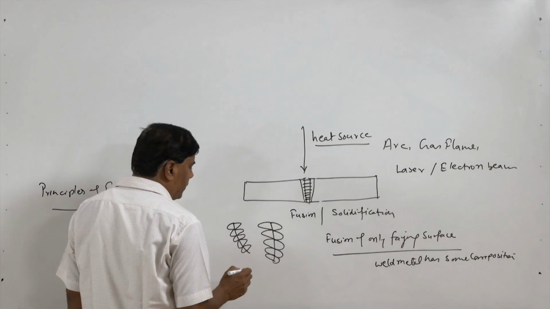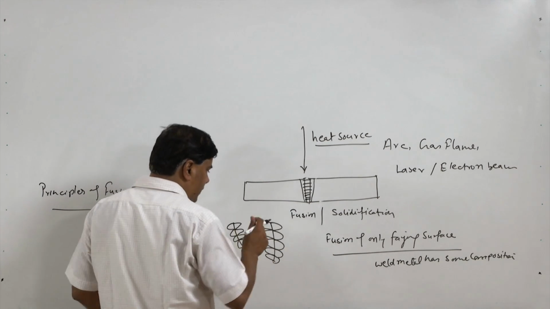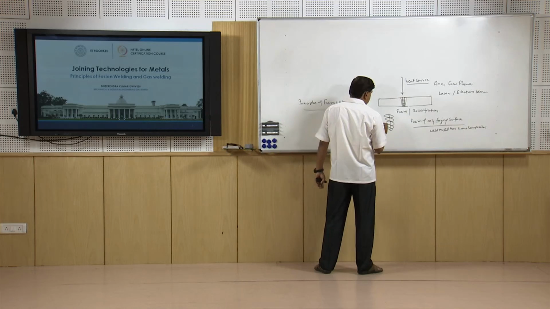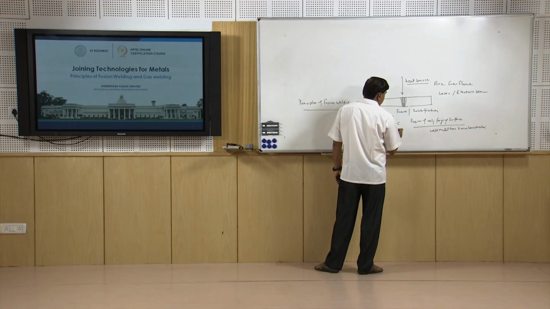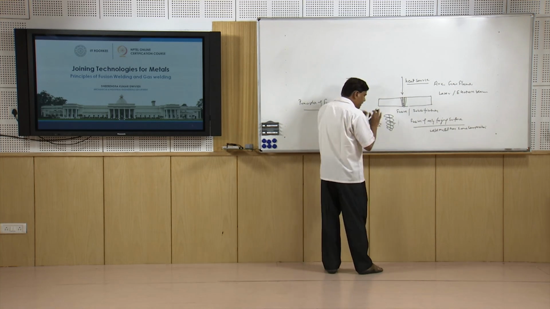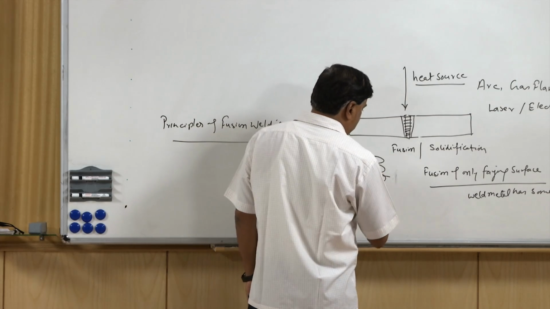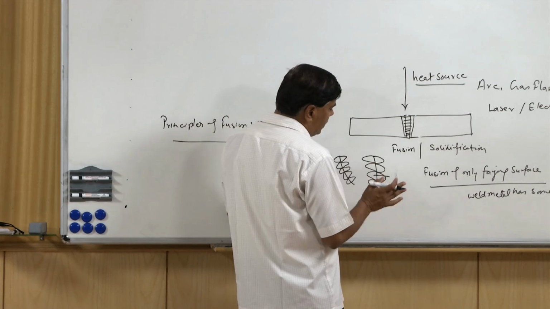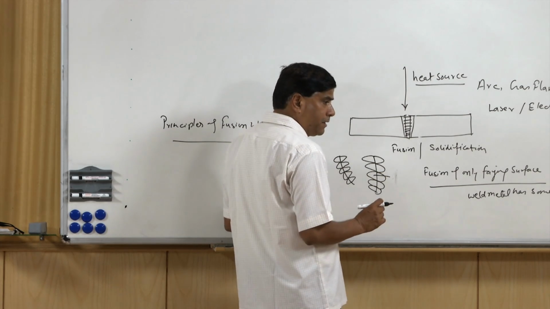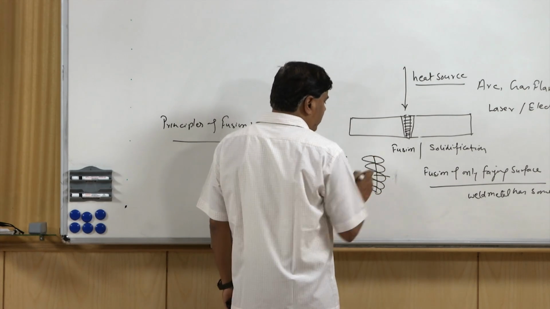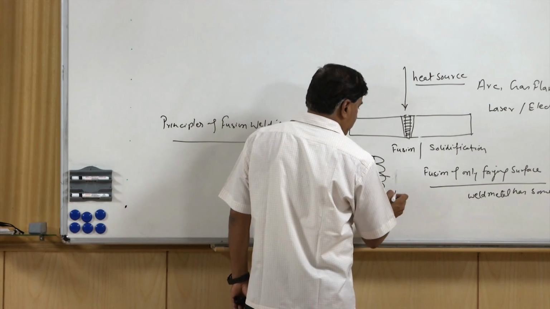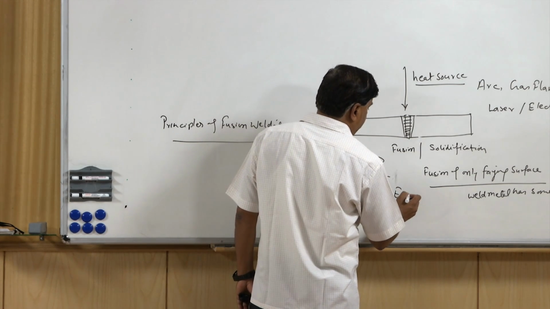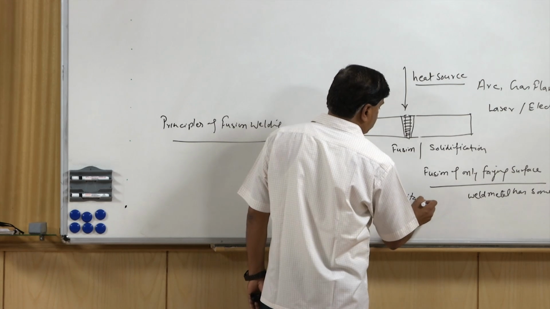Depending upon the kind of solidification conditions, different kinds of grain structures are observed, and this kind of solidification where direct growth starts onto the partially melted grains is called epitaxial solidification.